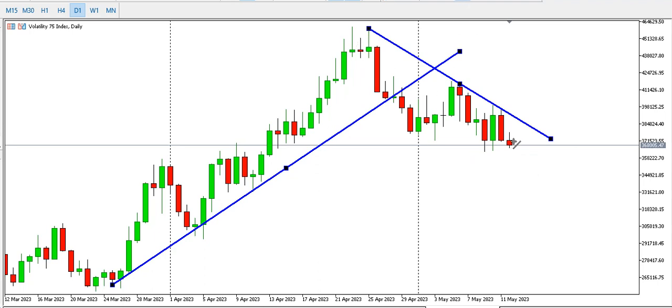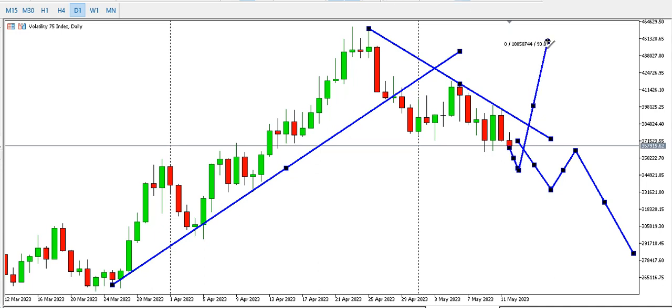We expect price to dip to this level, then possibly go up a bit and then dip further, possibly reversing everything that happened on the left. But we might be wrong. At the end of the day, price could just dip a little and then start to go up. So this is volatility 75 index.